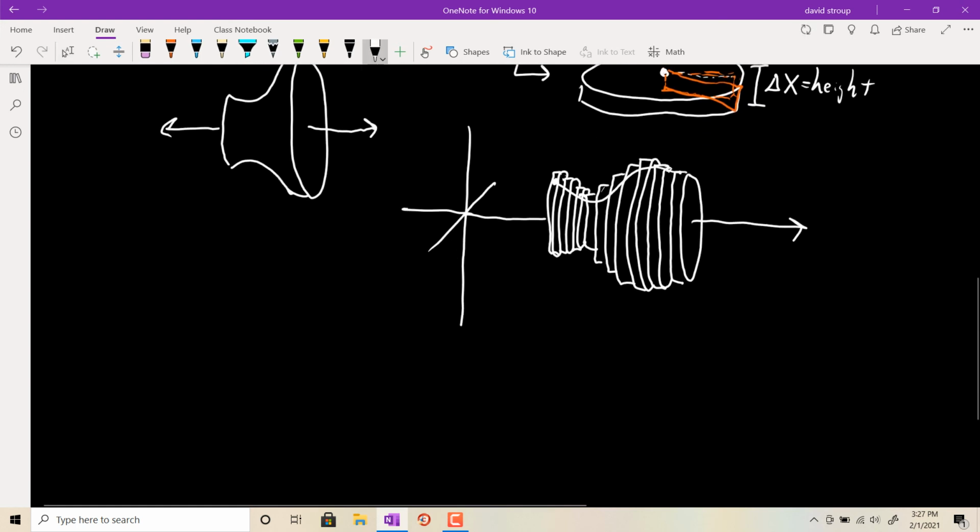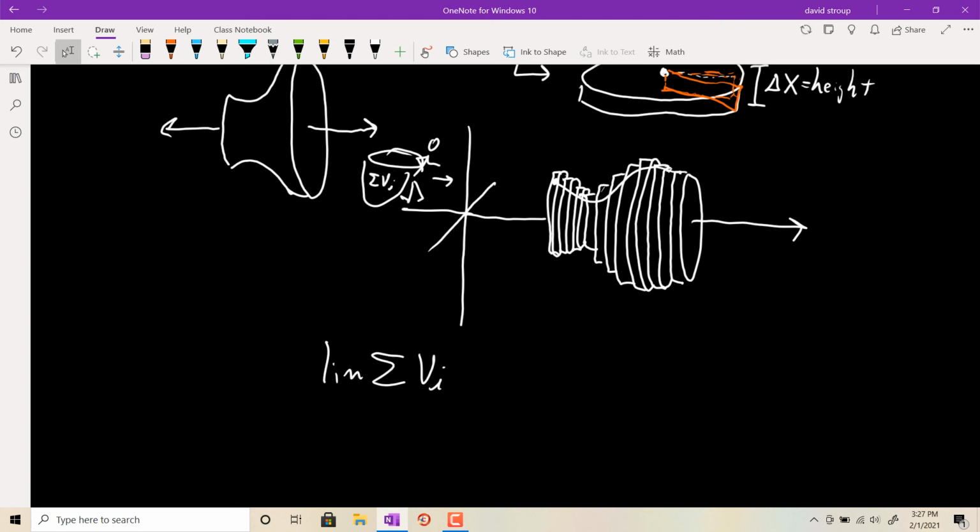So your Riemann man is running in this direction and accumulating all of these volumes in this bag. Okay, so you'd end up with this sum of these v sub i's, and then you take the limit of it as the number of those disks goes to infinity. We can fill in the blanks a little bit. What is it?